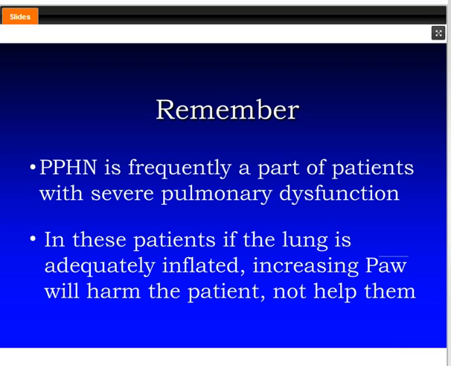And as soon as the sat gets back to where it was, go back down on the mean airway pressure. And that allows you to avoid turning the patient into 100% oxygen and providing an oxidative stress that's not particularly beneficial to the baby.